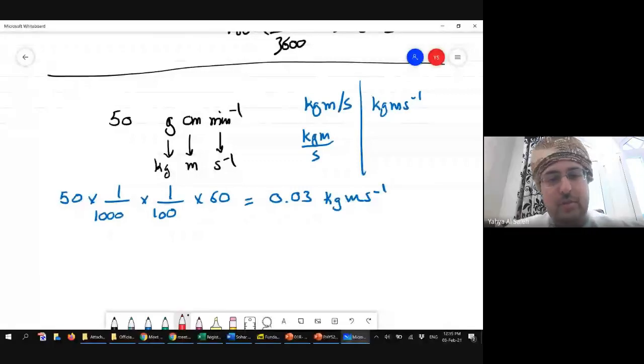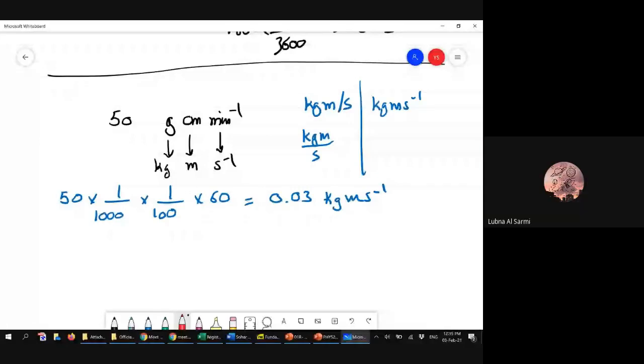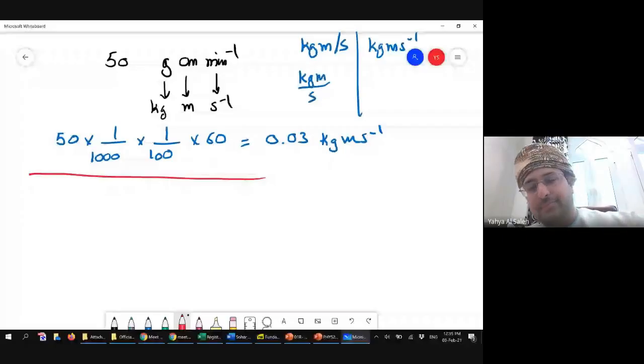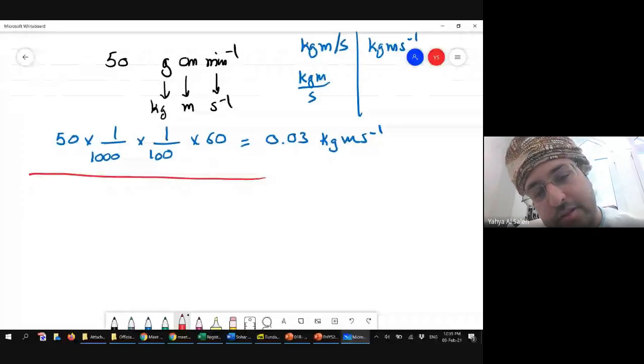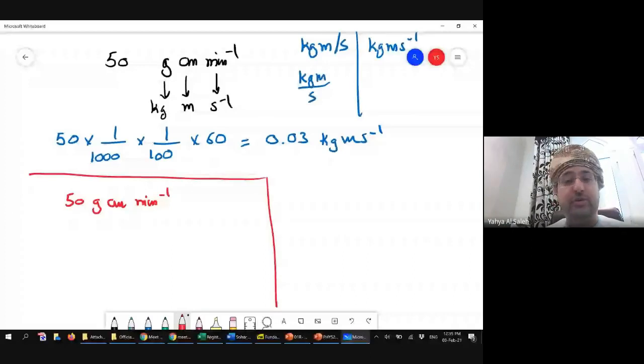Okay, so let's do it. Let's do it in two different ways. First, let's take 50 gram centimeters per minute. By the way, do question my math, do question what I'm doing, because I am doing so many of these, and sometimes I do make mistakes.